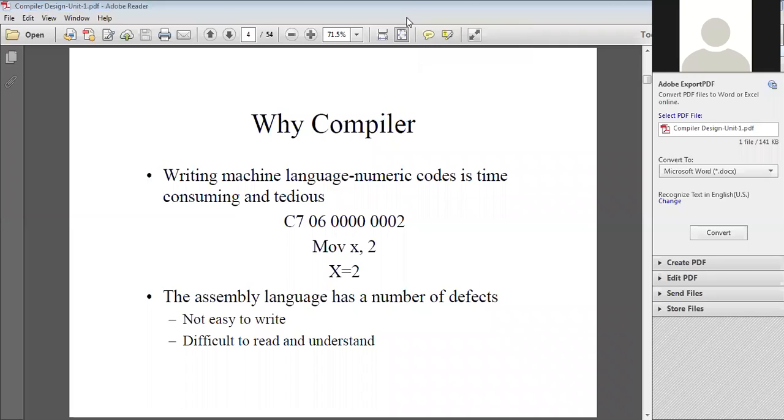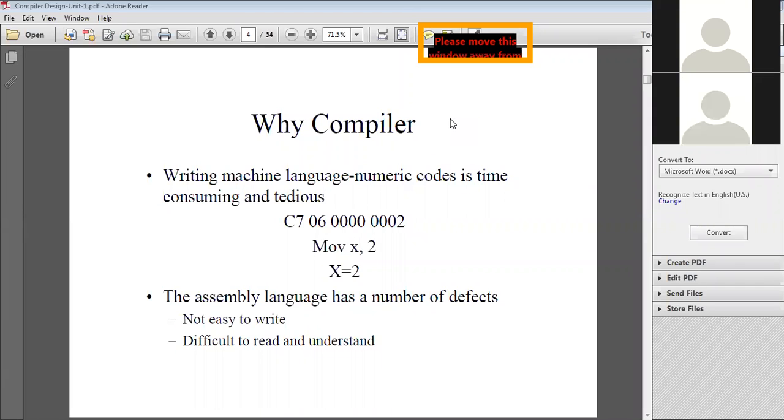we found another language, which is called assembly language. I think you have already studied assembly language in your second year. In assembly language we use mnemonics, and mnemonics are nothing but special codes.